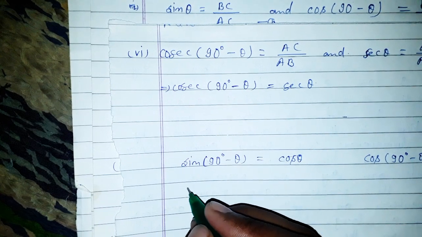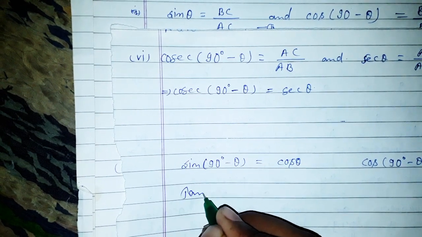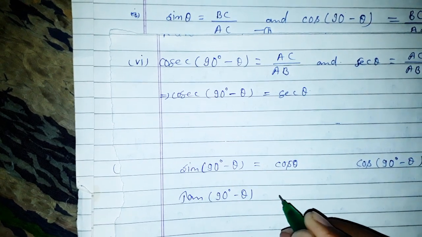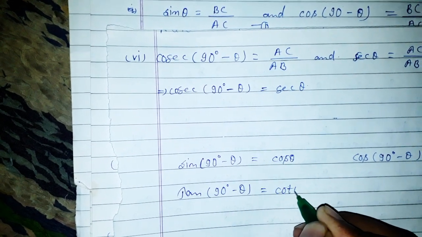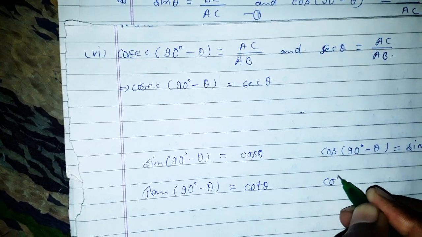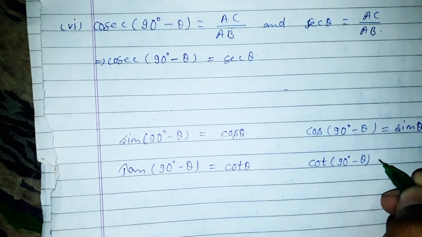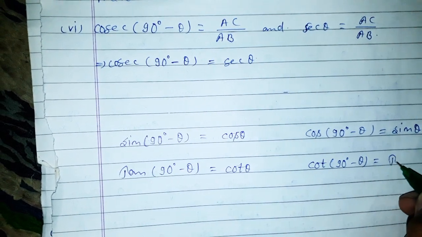And tan(90 minus theta) is equal to cot theta, and cot(90 minus theta) is equal to tan theta.